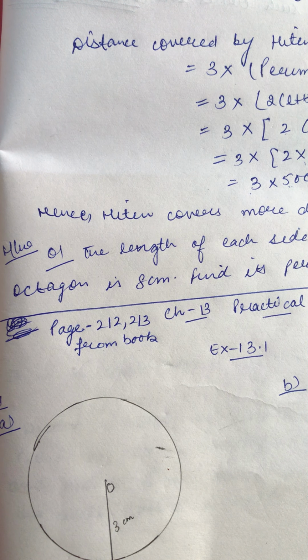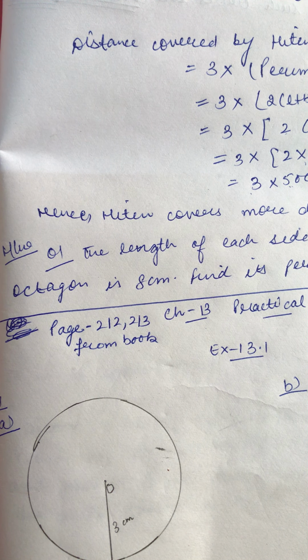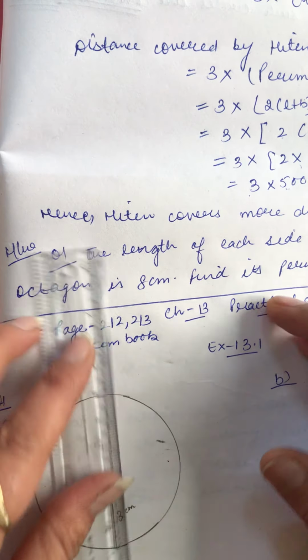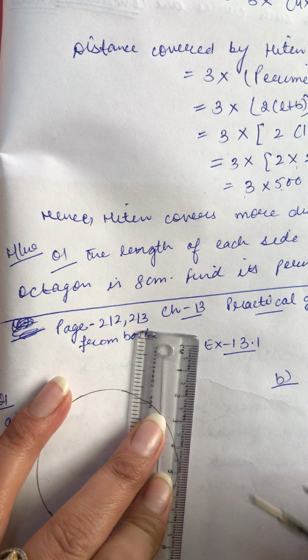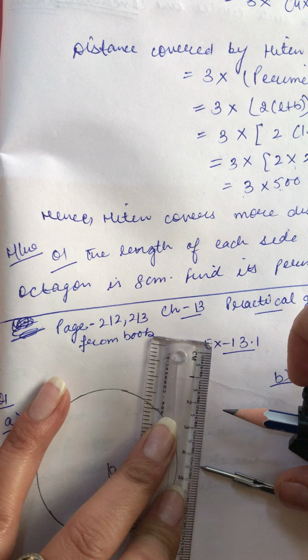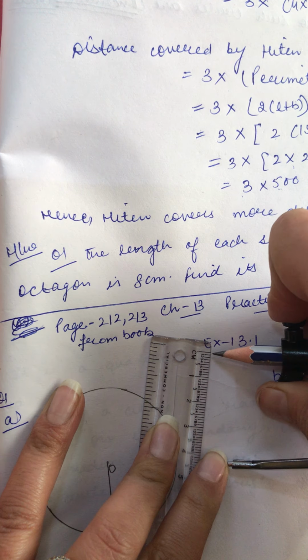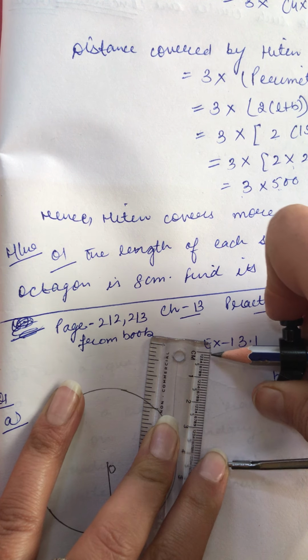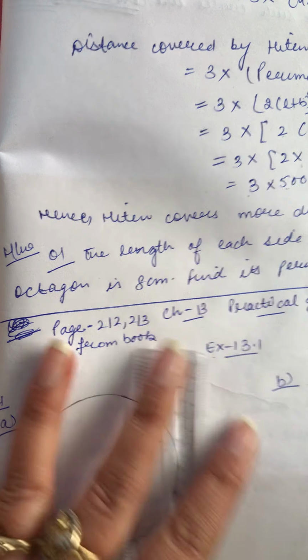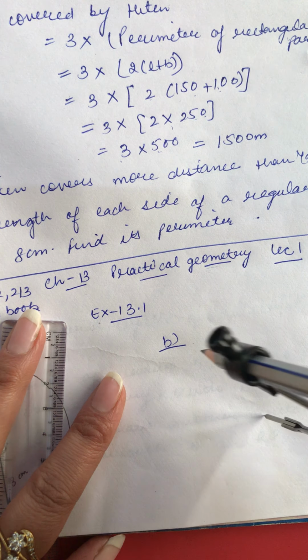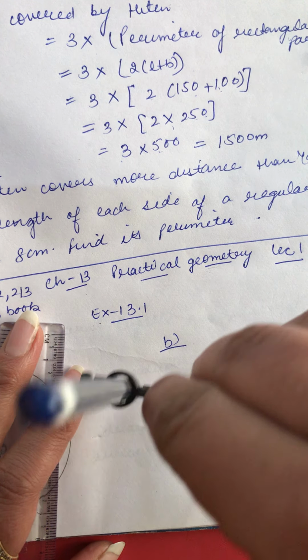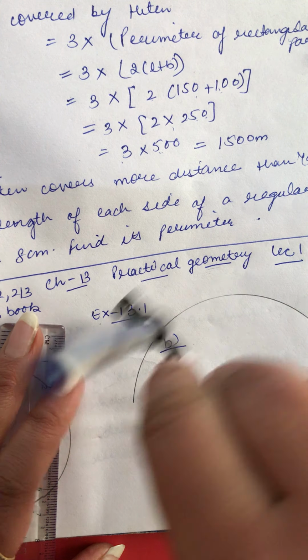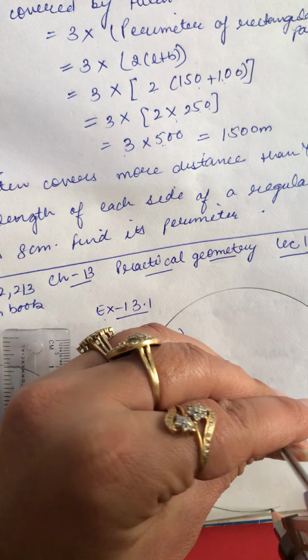Next, B part of the question is you have to draw the circle with radius 4.5 cm. Now what you will do, you will open the compass to a radius of 4.5 cm. So it is like this. Open with the help of a ruler and then with any point as the center you will mark the circle. So it's quite easy.